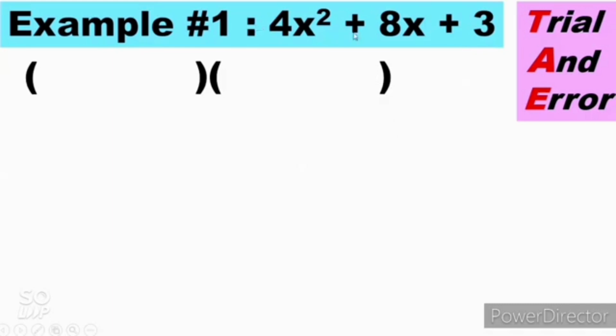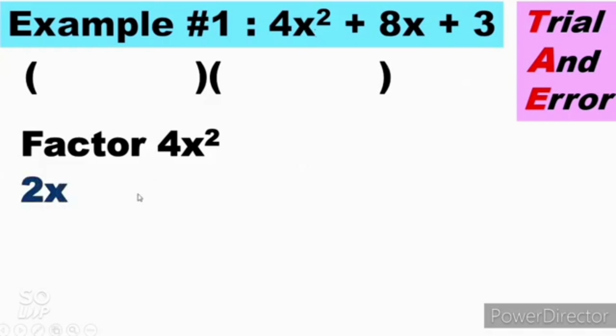So, kaya ang una muna natin gawin is to factor the first term which is 4x squared. Okay? So, ang factor ng 4x squared is 2x times 2x. Okay? Another factor is x times 4x.